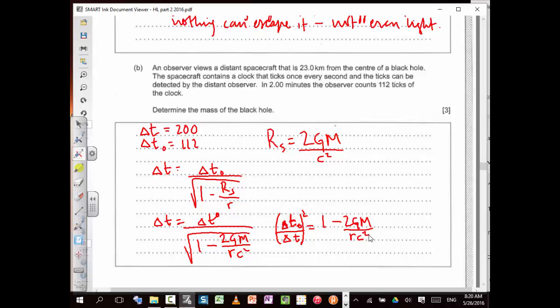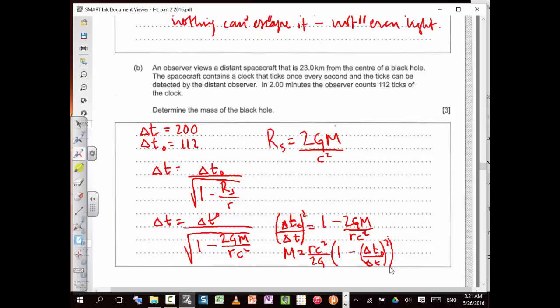And then it's no big deal getting this. So we then get m is equal to rc squared over 2G times 1 minus delta t naught over delta t all squared.